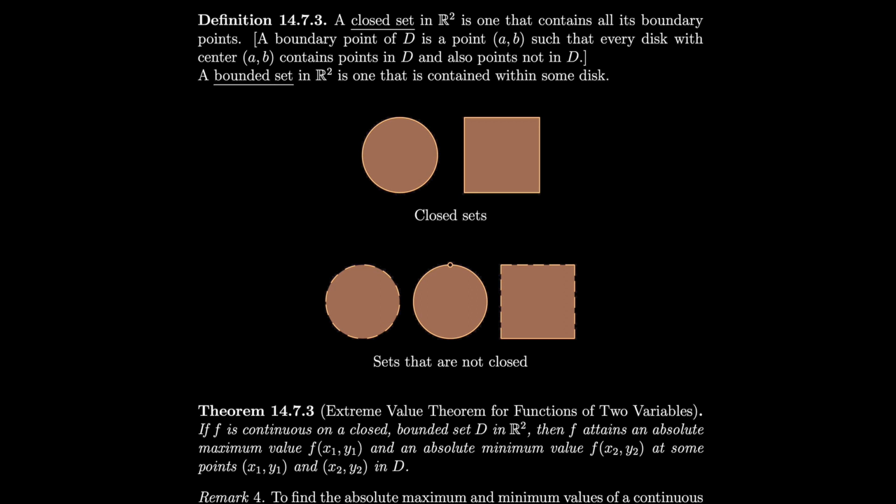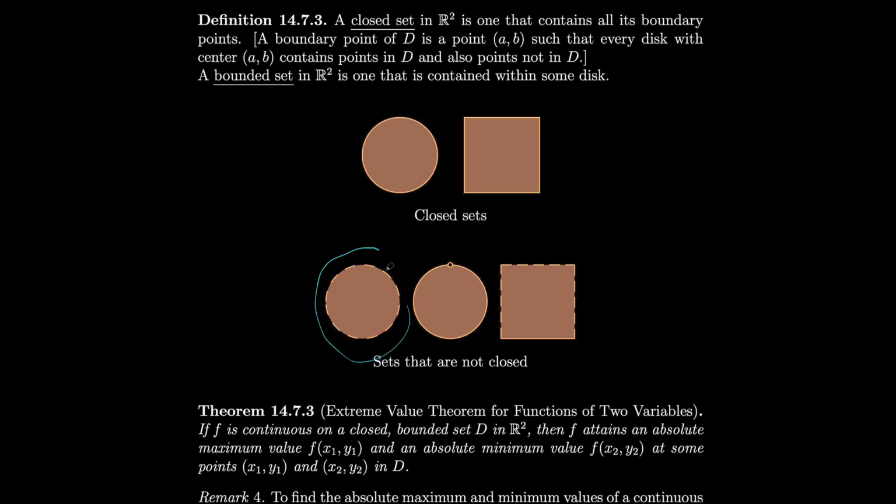So for example, if I were to draw a point over here in the boundary, and I look at a disk nearby, then I've got some points not in there, and I've got some points that are in there, which is not true for points inside, where they only have points in there, and also not true for points outside, where they only have points out. Okay, so these sets are closed sets because they contain all of their boundary points. Over here, we use this dashed line to indicate that it does not contain all of its boundary points.